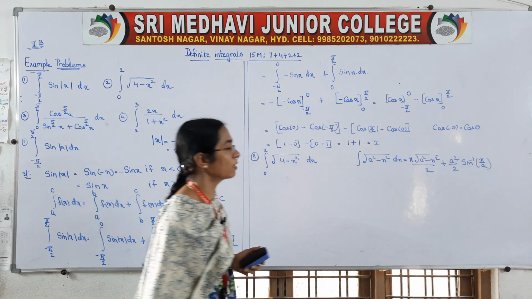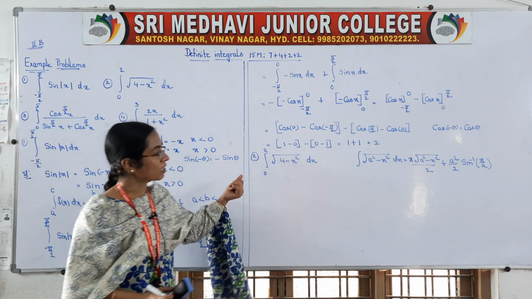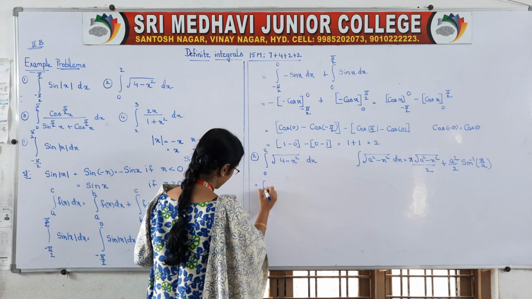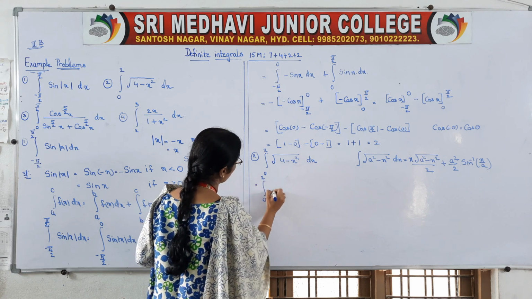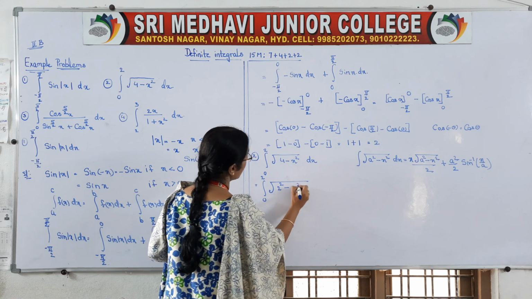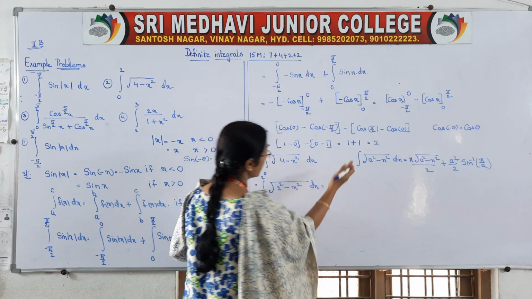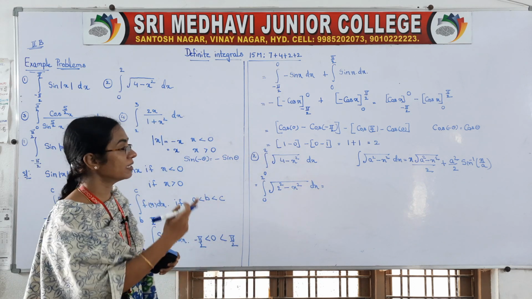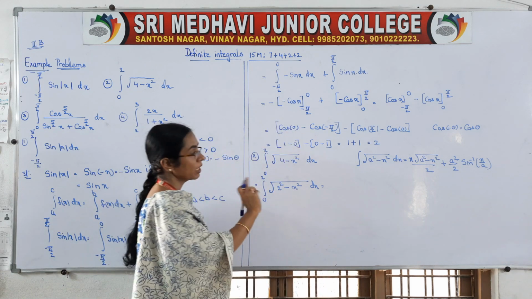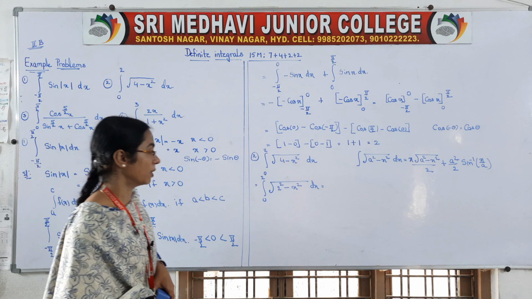This is the standard formula in integrals. If you observe, we can write this as the integral from 0 to 2 of root of 2 square minus x square dx. Exactly in that form, isn't it? In place of a, we have 2. So substitute in the formula.